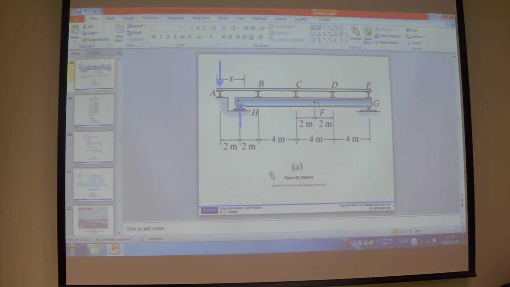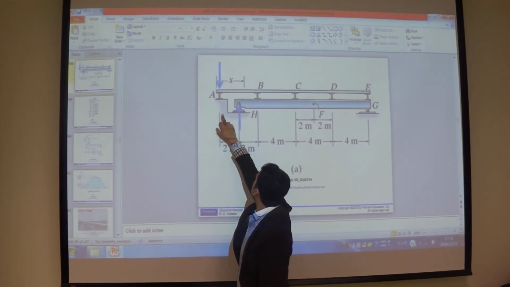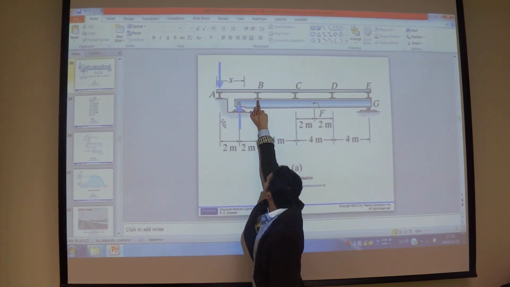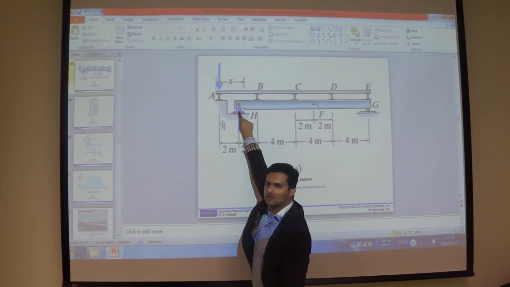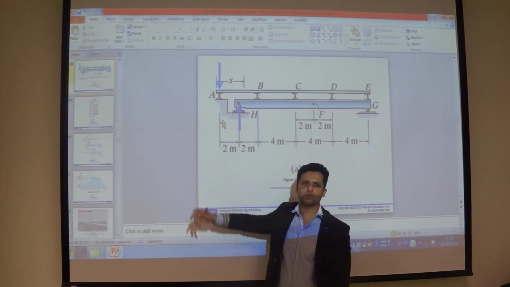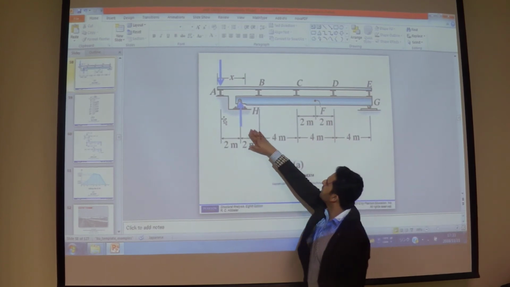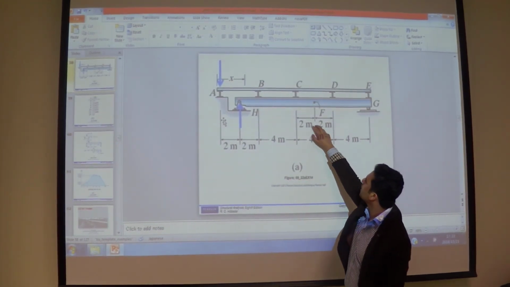If the unit load is here, all the load will directly go onto this support. So the reaction at this point will be 0, and this reaction will be 0, because there is no load connected to A. If this reaction is 0, how much will be the moment at this point?